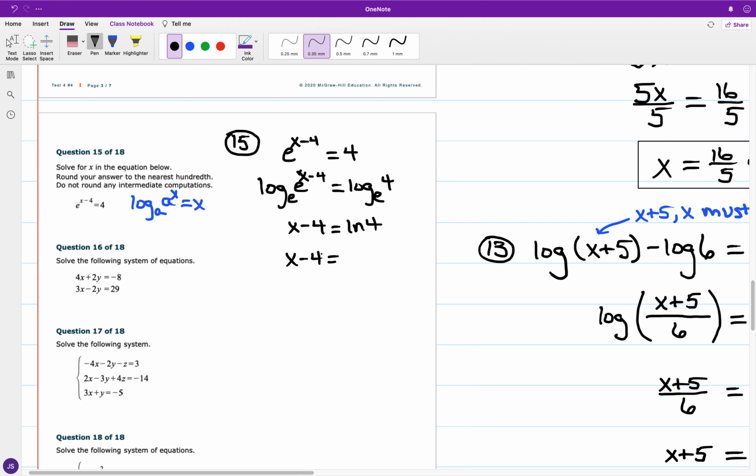As a decimal, the natural logarithm of 4 has among the digits 1.38629, and adding 4 to both sides.